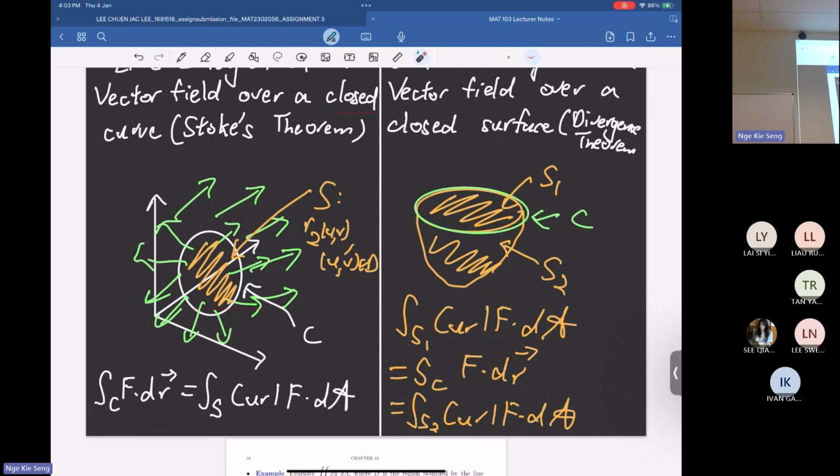Curl depends on the vector field, and then you apply this vector field on the surface or on the path. Okay.